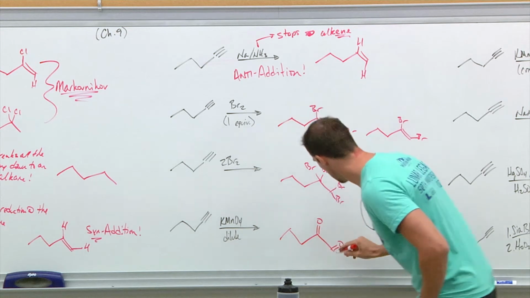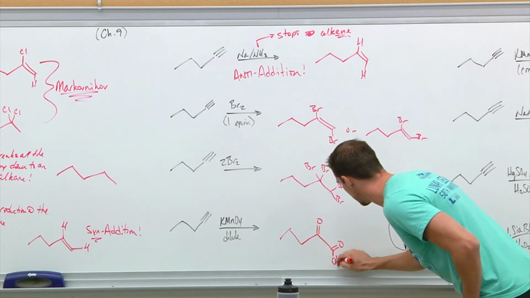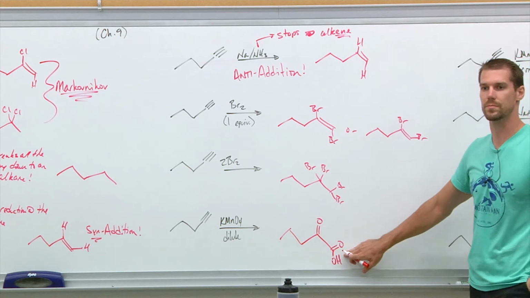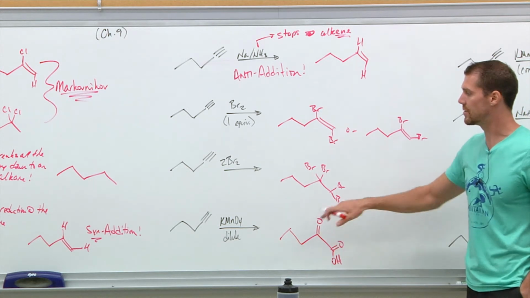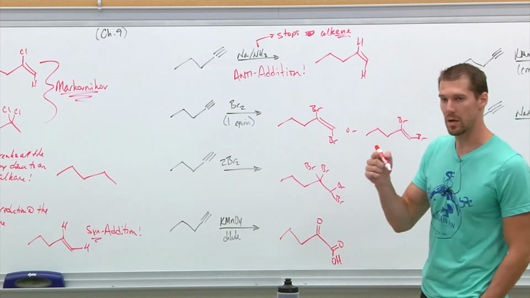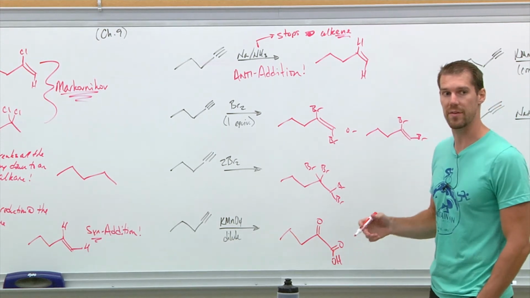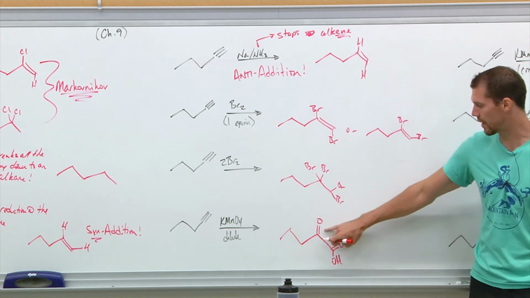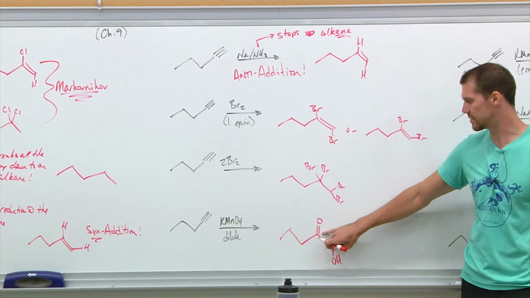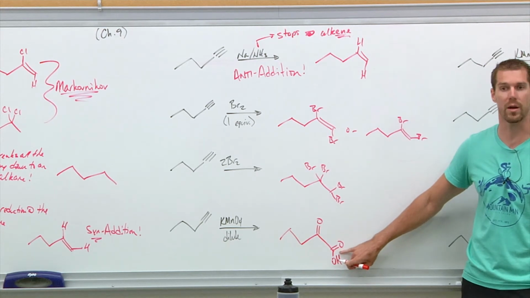There we go. And not surprisingly, if it's terminal, you'll get a carboxylic acid out of it. If you have internal alkynes, you'll get a diketone. If you have a terminal alkyne, you'll get a ketone on the one that's secondary, and on your primary, you'll get a carboxylic acid.